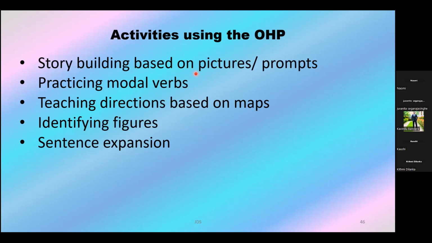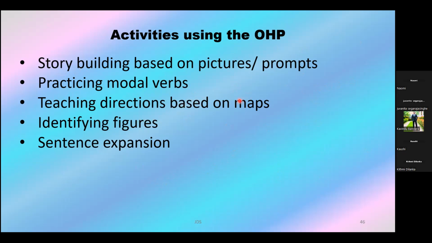Look at the activities that can be done using an OHP. Story building: we show the pictures plus the word prompts, structures, phrases or words, and ask them to construct the entire story. Or you can even give a jumbled story and ask them to put it in the correct order. Practicing modals, can, may, might, using the modal as well as a picture, or using the positive and negative modals, can, cannot, may not.